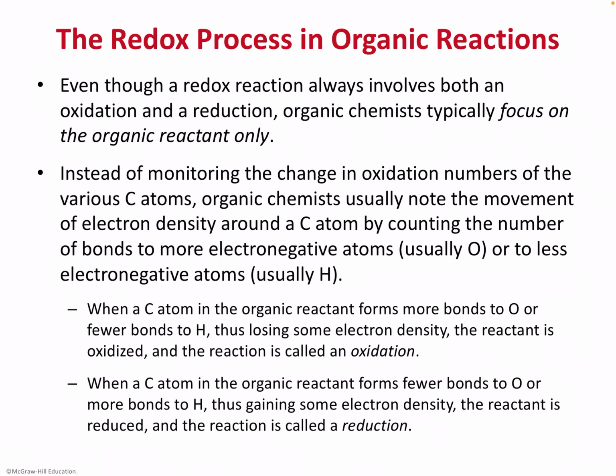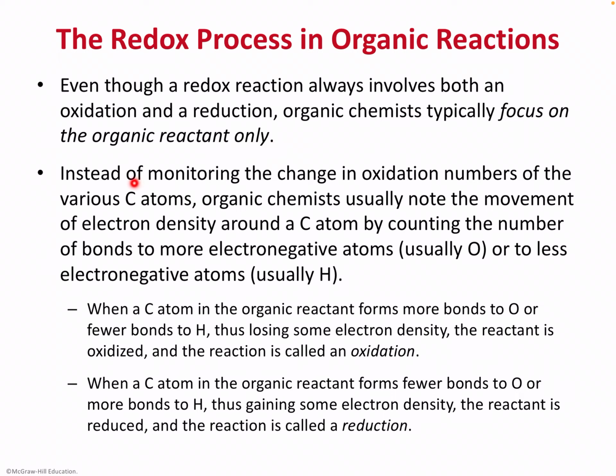And we also talk about oxidation and reduction in organic chemistry. So we know oxidation is loss of electrons, reduction is gain of electrons when we are dealing with electrochemistry. Even though a redox reaction always involves both oxidation and reduction, organic chemists typically focus on the organic reactant only.